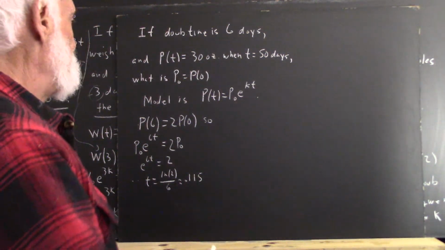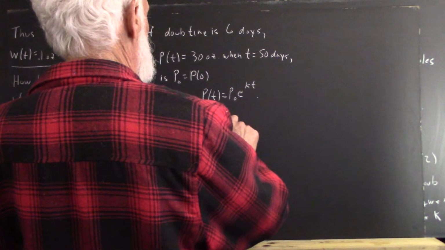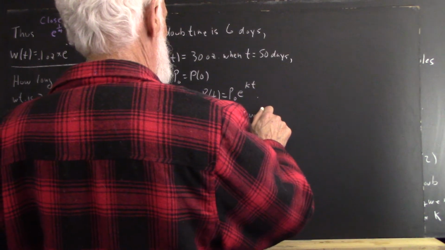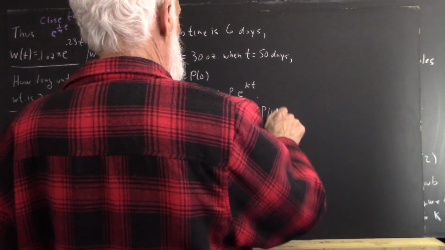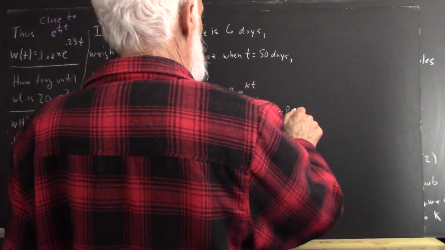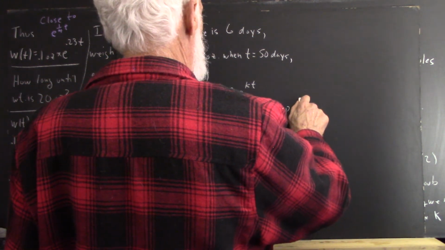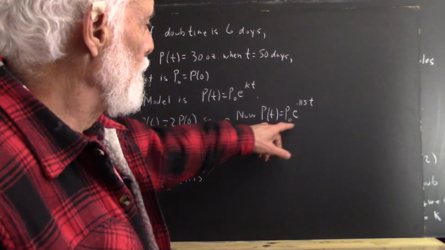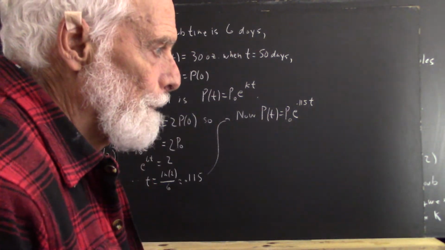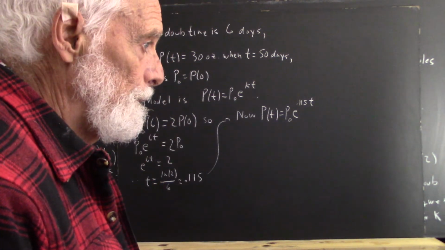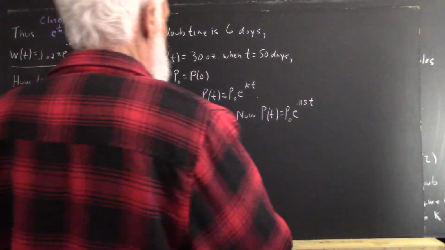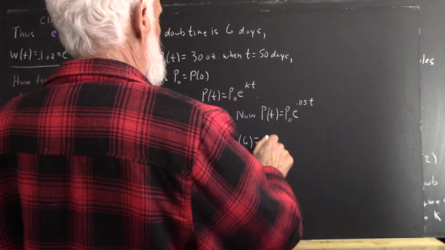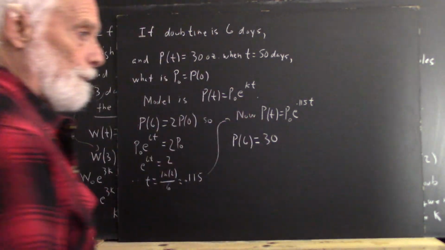Okay, so now P of t equals P naught e to the 0.115 t, and P of 6 equals 30.